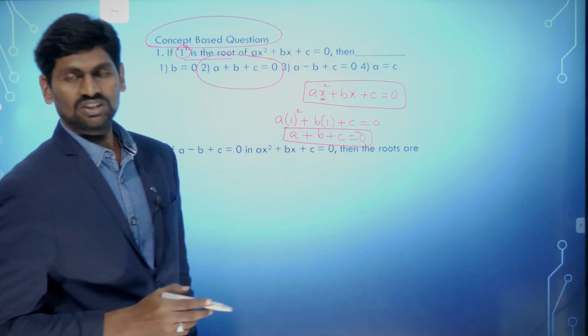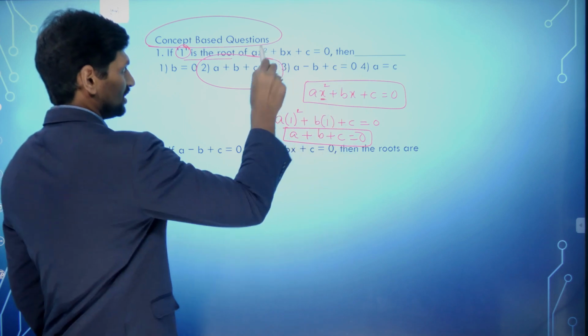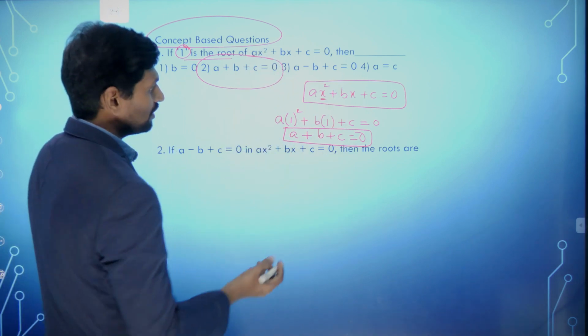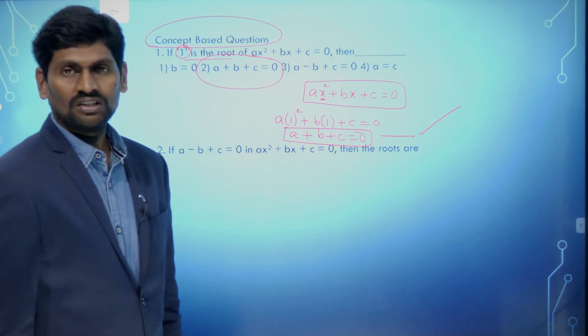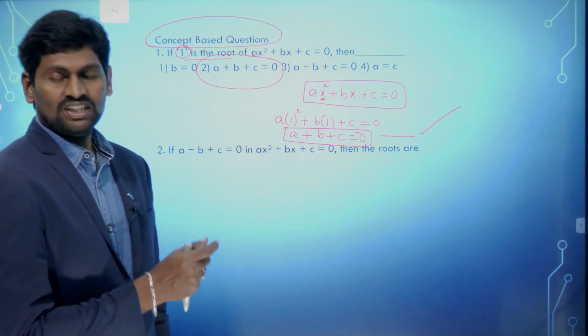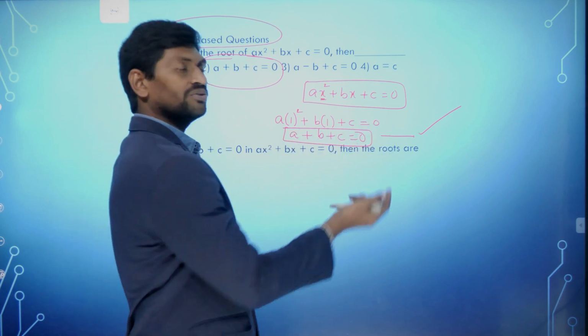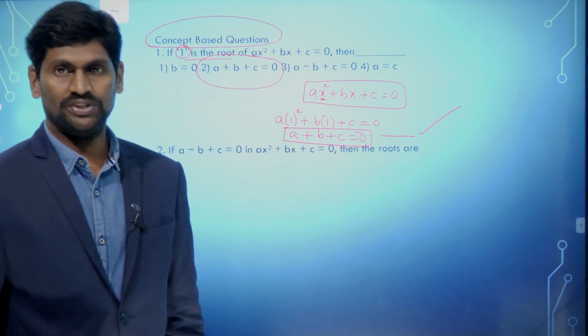If 1 is the root, when you substitute in the given quadratic equation, we will get a condition like this. In the same way, the condition given in the question, a plus b plus c equals 0, means 1 is the root, obviously.